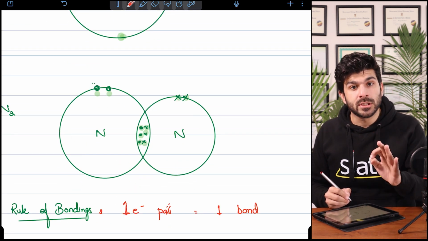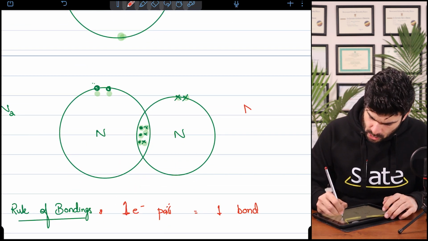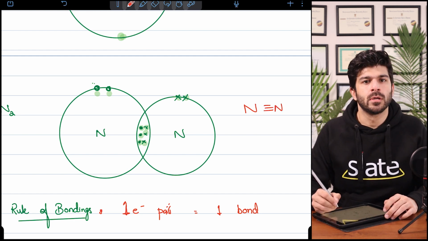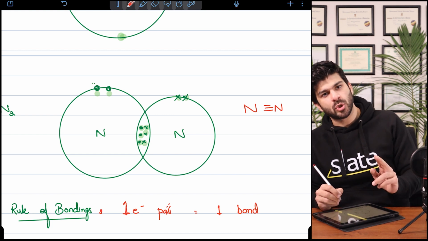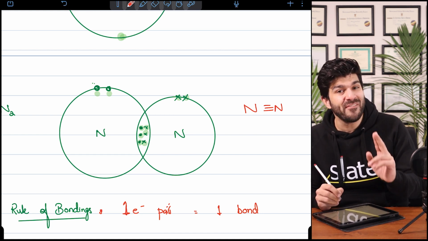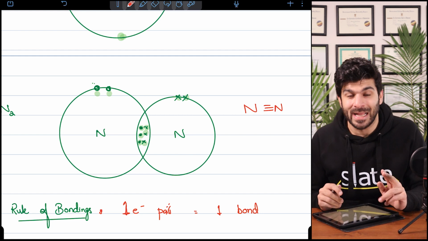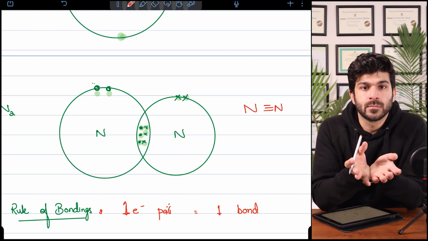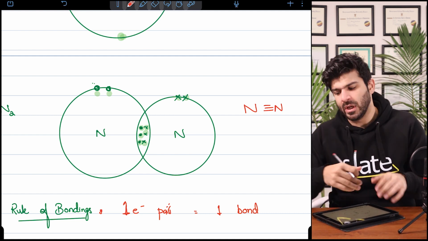Nitrogen, 3 electron pairs. So, nitrogen to nitrogen, it's a triple bond. So, the number of electron pairs should be counted. You need to have 8 electrons in the outermost shell, and that's when you make a right and a correct covalent compound. Now, let's do other examples.